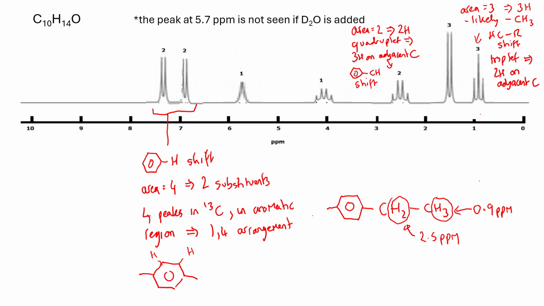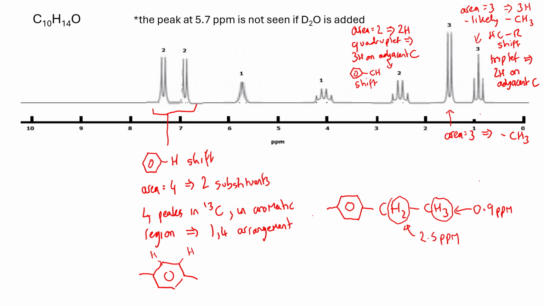So again, let's start with the CH3. So this one, we can say, has an area 3, which means it's likely to be CH3.